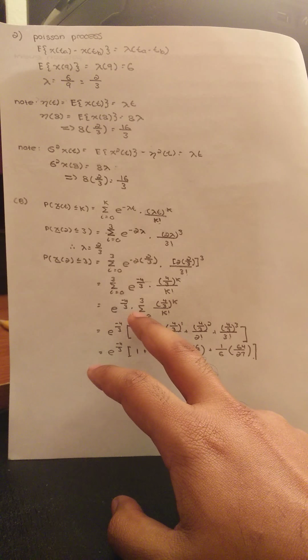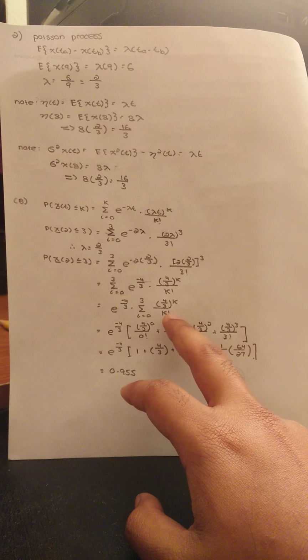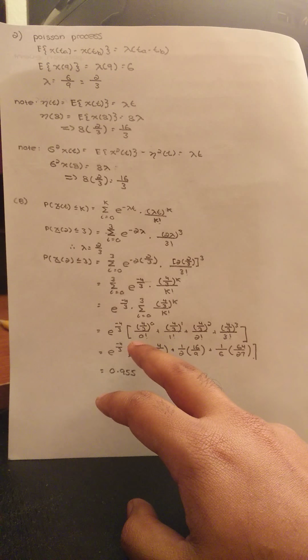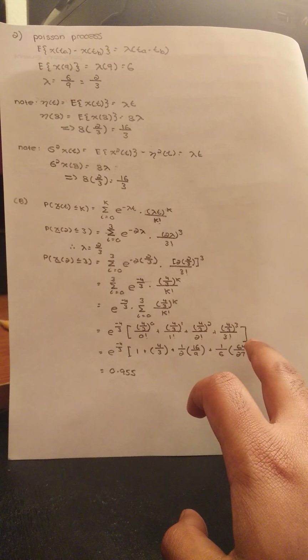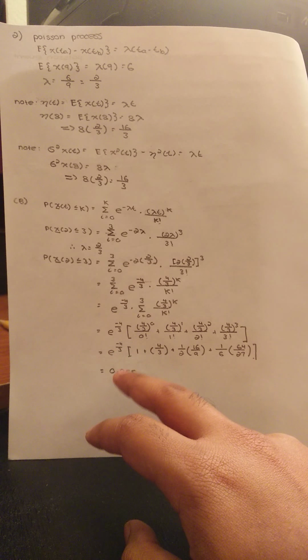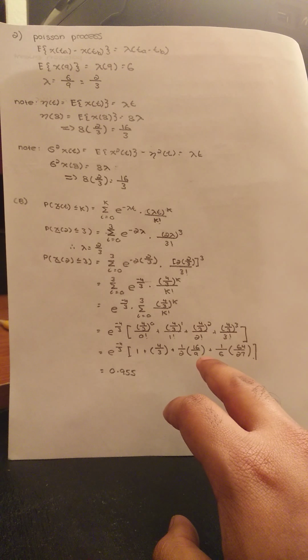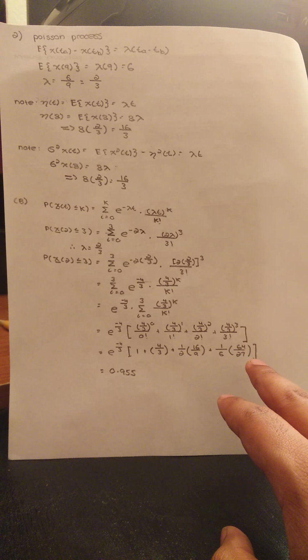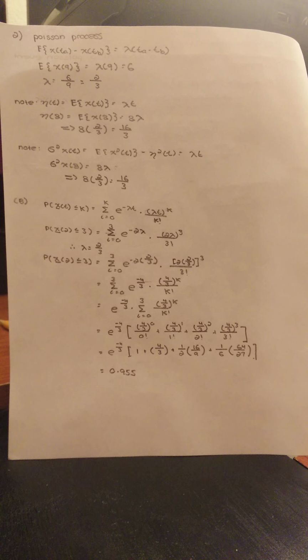The only terms we're exploring are k equals 0, 1, 2, and 3, so we can expand that out. We basically have e to the negative 4/3 times 1 plus 4/3 plus 1/2 times 16 over 9 plus 1/6 times 64 over 27. Plugging that into our calculator, we get the probability of X of 2 being less than or equal to 3 is 0.955.